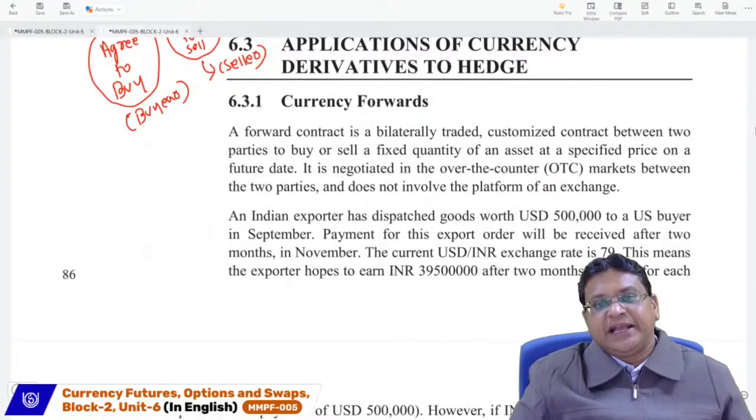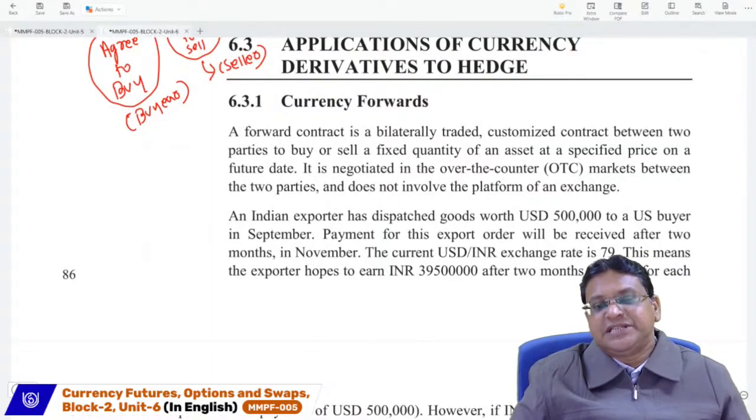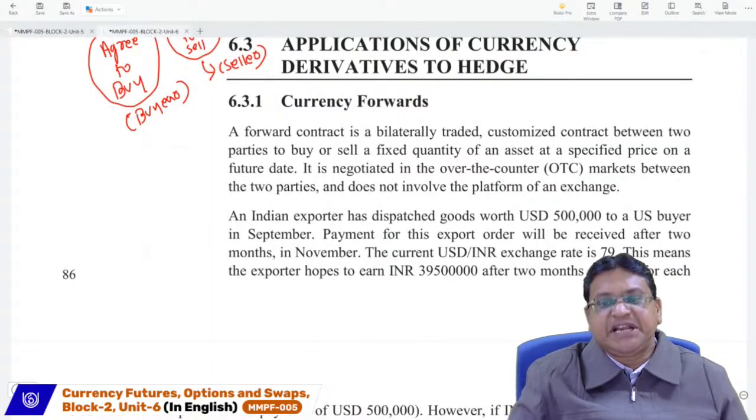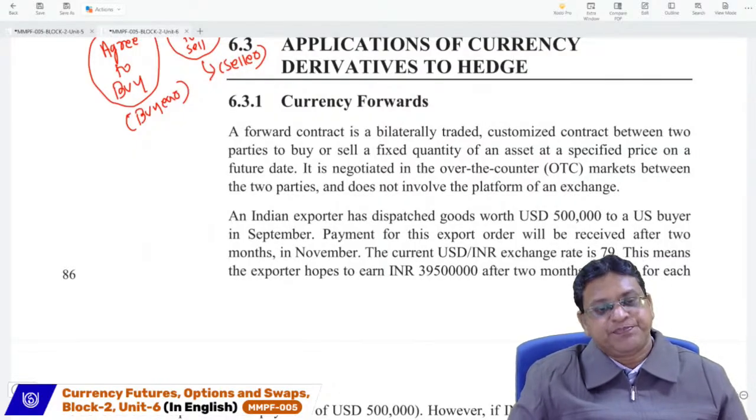Now we will discuss the application of currency derivatives. I have told that derivative is a risk hedging tool. Derivative is a risk hedging mechanism. With the help of a derivative contract, one can prefix the future buying price or future selling price today.